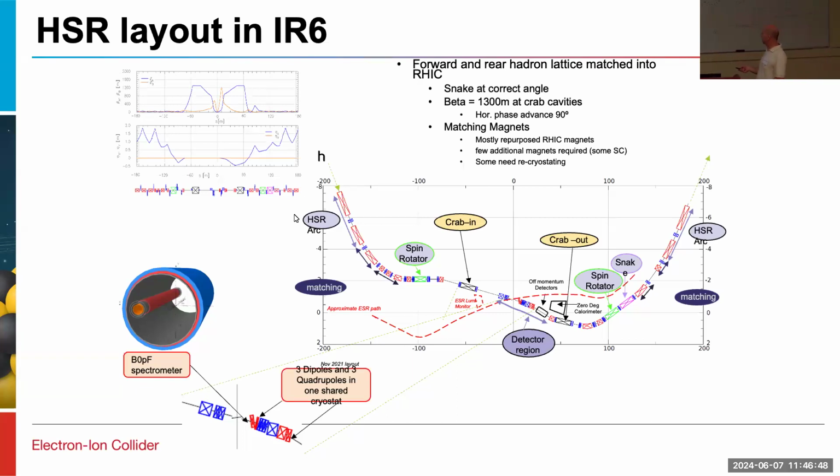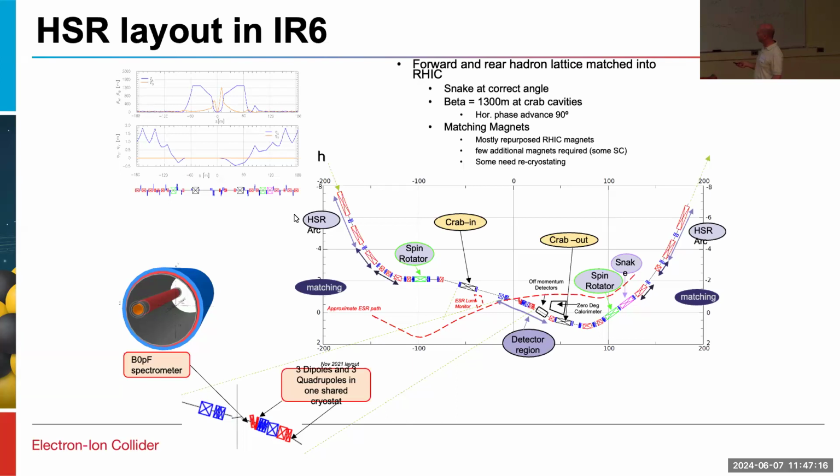And this is the layout of this whole thing. So this is the interaction point here at 0 along the x-axis. The hadrons come from the left. So they go through a spin rotator here, then crab cavities. These are the focusing elements. They get focused to tiny beam sizes, and they get defocused, you could say, back to regular large beam sizes.